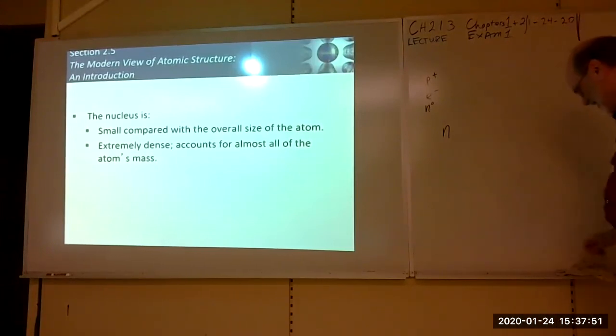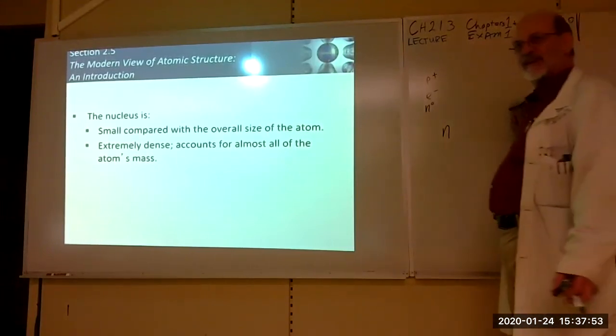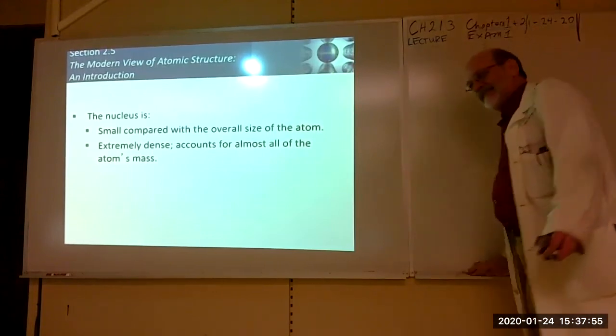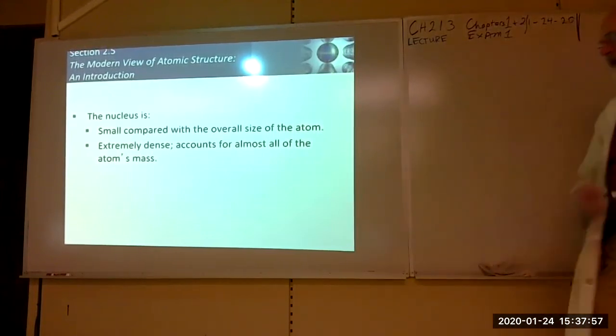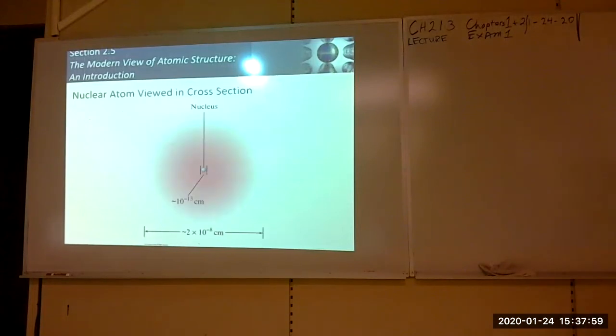There's so many elements in the alphabet, so we have to make do with what we have. And the nucleus occupies such a small part of the atom compared to the rest of the atom that's occupied by electrons.